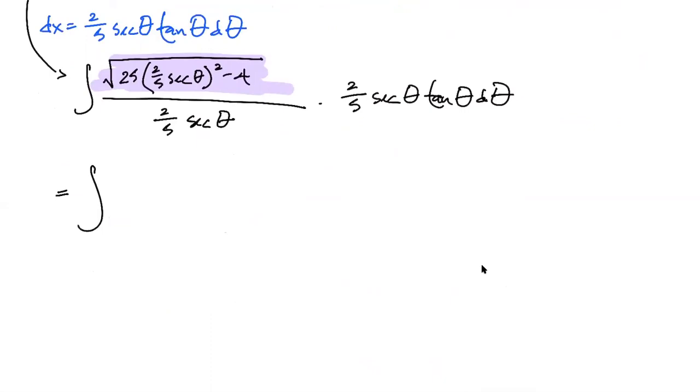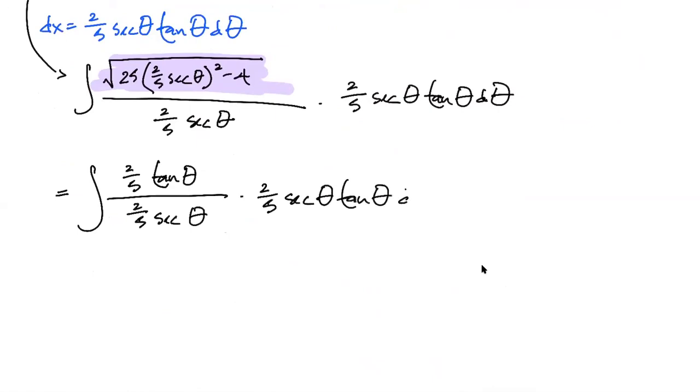We end up with 2 over 5 tangent theta over 2 over 5 secant theta times 2 over 5 secant theta tangent theta d theta. And like a bunch of the other problems, this is the messiest step. Things start to cancel. So 2/5 and 2/5, secant and secant, right?